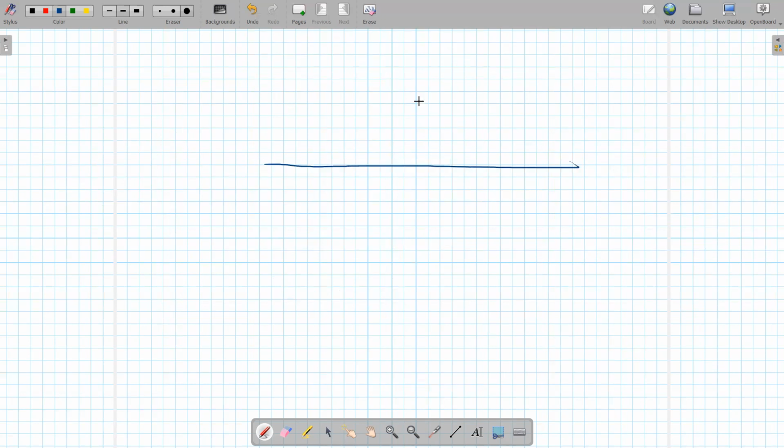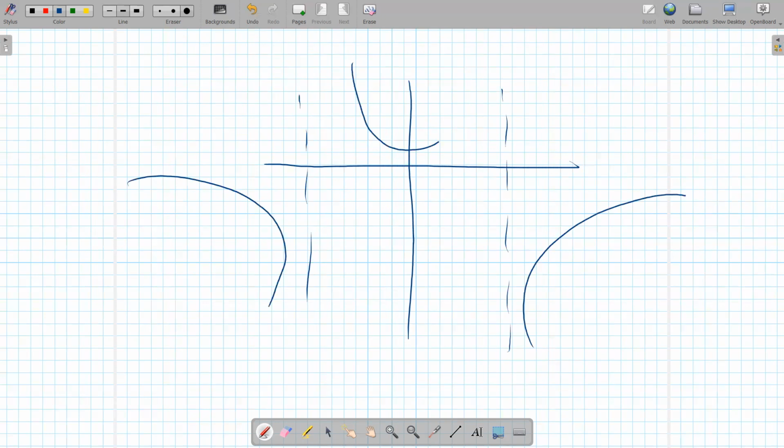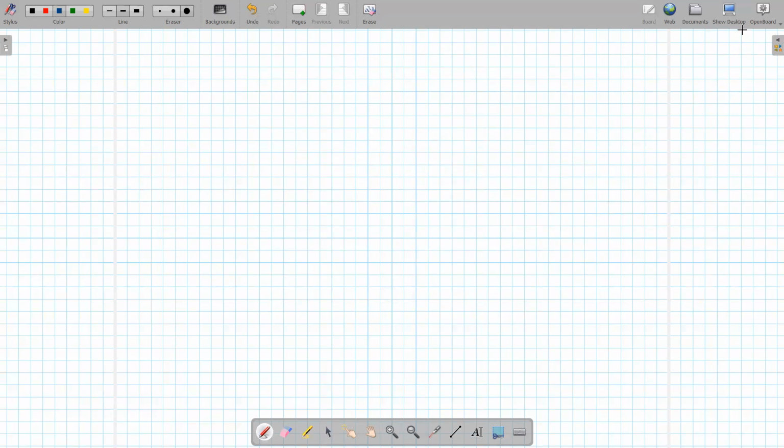Eventually you could have something like this, where you could have multiple asymptotes, right? And coming up with this sketch is going to be very difficult. So maybe at that point when you're trying to solve an inequality, the algebraic way is more efficient.